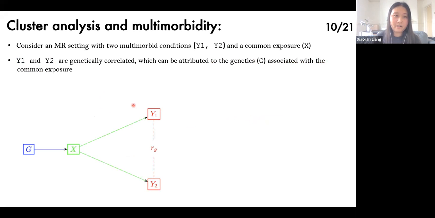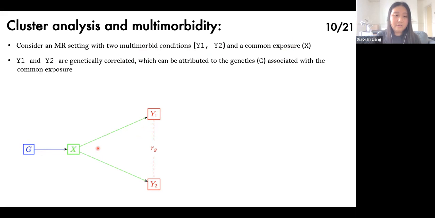So in our paper, currently, we are focusing on the following setup, where we have two multi-morbidity conditions, Y1 and Y2, and a common risk factor X that affects those two conditions simultaneously. Y1 and Y2 are genetically correlated, and their genetic correlation can be attributed to the genetics that are associated with the common risk factor. So this is the setting we are interested in our paper.